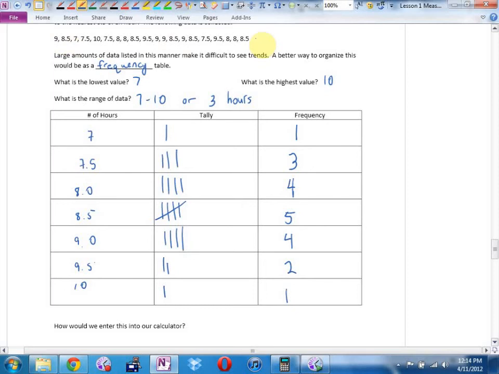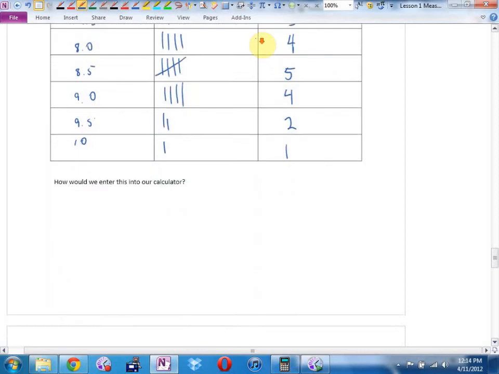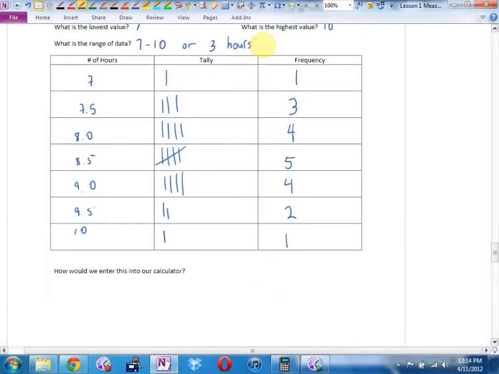Well, how many pieces were there, Nicole? 20. What's the middle of 20? Oh, this is Tanner's problem of an even number of pieces of data. The middle of 20 is going to be halfway between the 10th and 11th.